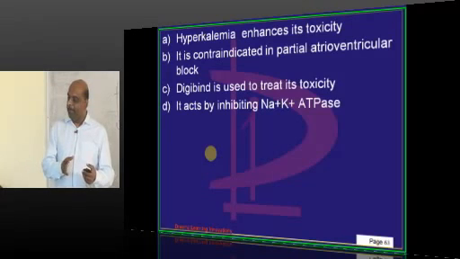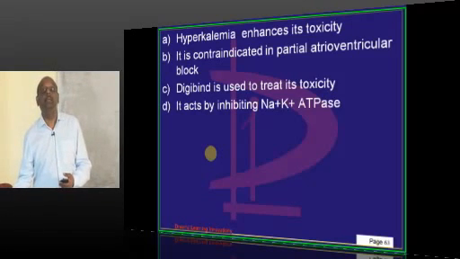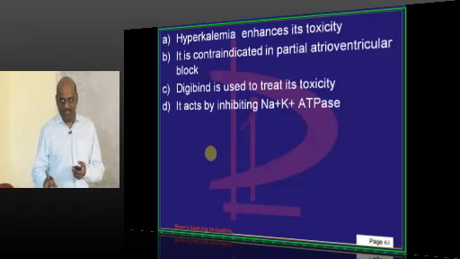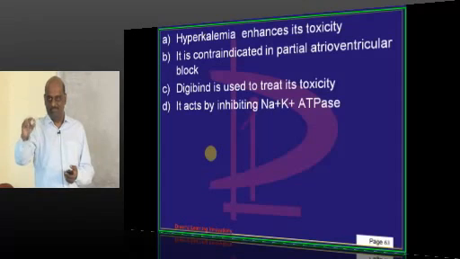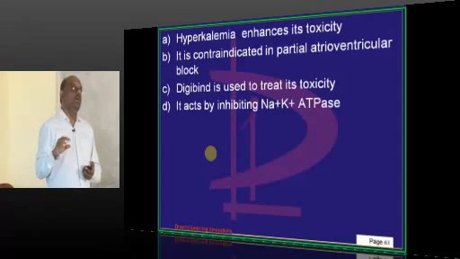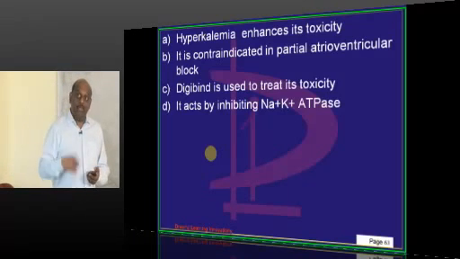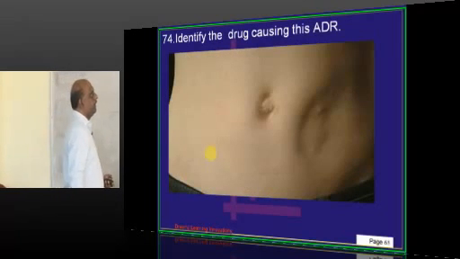Hypokalemia predisposes to digitalis toxicity, but digitalis toxicity as such leads to hyperkalemia. Once it is toxic, it leads to hyperkalemia because it is an inhibitor, no, of the cell membrane sodium potassium ATPase pump. So it leads to hyperkalemia, but hypokalemia leads to digitalis toxicity. That's what you need to remember.